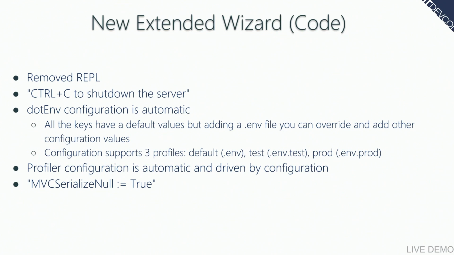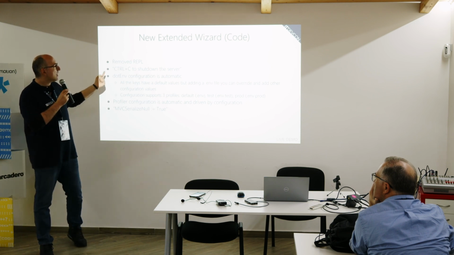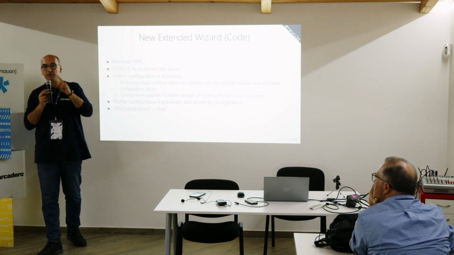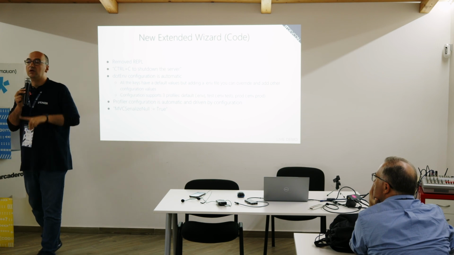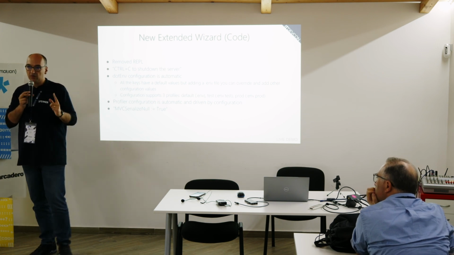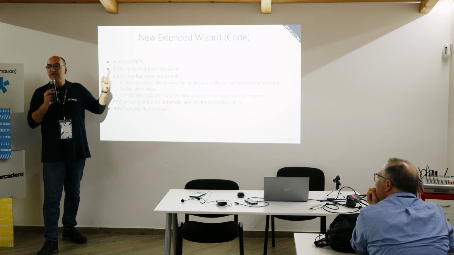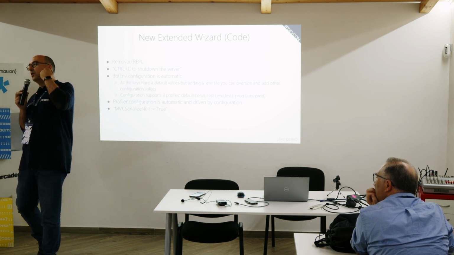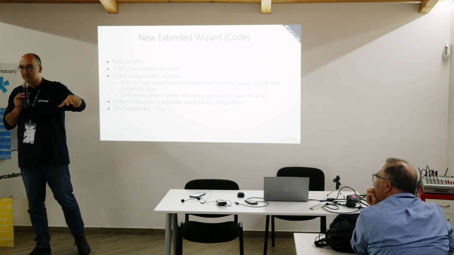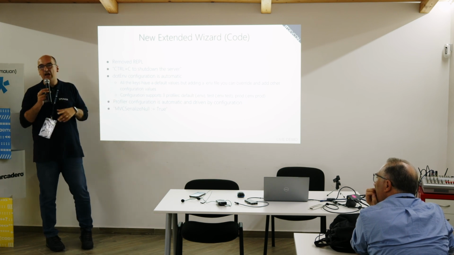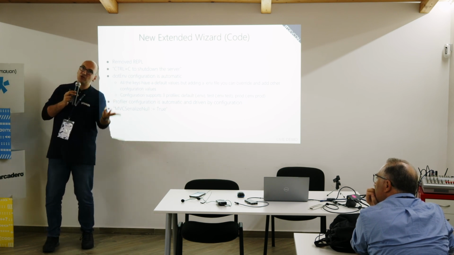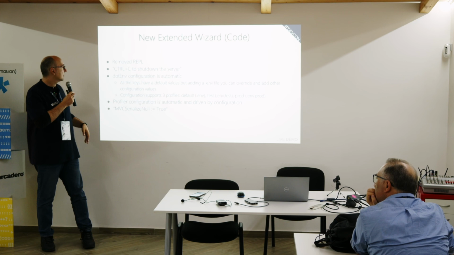This seems a small change, but it is really important if you want to package your DMVC framework in Docker, because Ctrl+C is what Docker understands to stop the process. So it is a small change, but it's not small because it's very important.